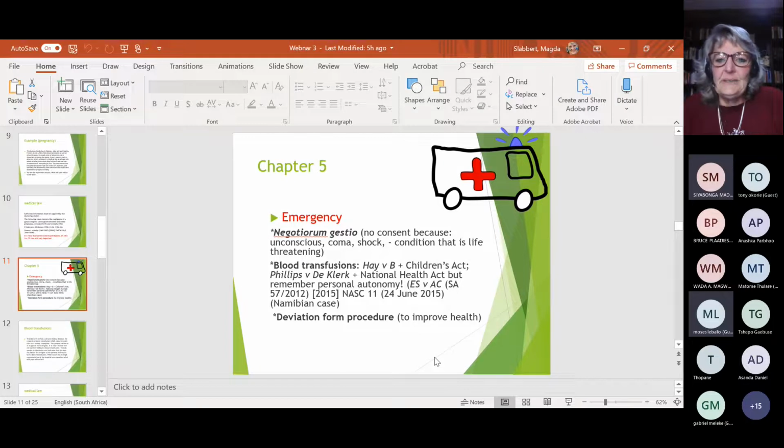So that will typically be the ambulance workers or the emergency workers. They will come at an accident and then they will take charge of the situation. They don't need your consent to resuscitate you. They will just take control, resuscitate you, take you to the ICU because your life may be dependent on that.